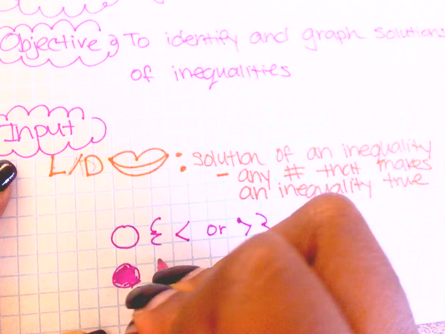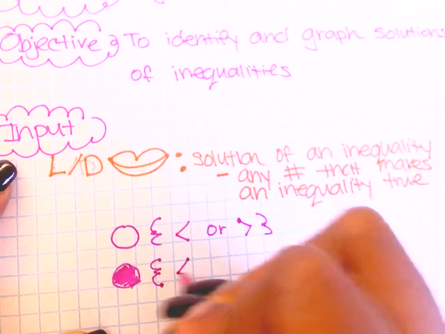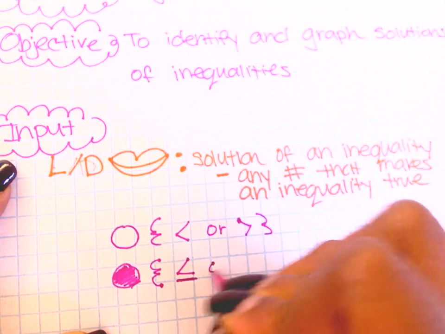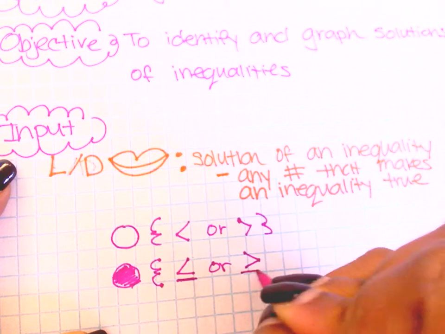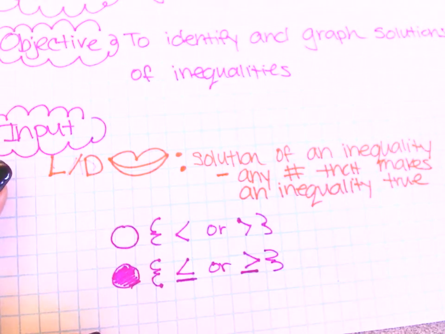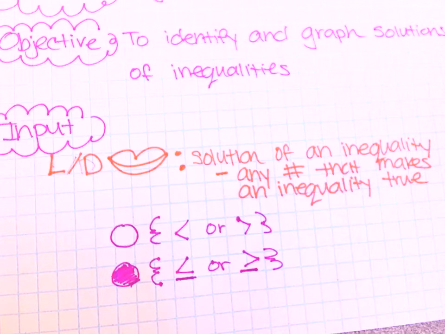A closed circle is going to mean that it is less than or equal to, or greater than or equal to. So closed circle means it includes that number. If I said x is greater than 3, it's all the numbers that are greater than 3. If I said x is greater than or equal to 3, it's 3 plus all the numbers that are greater than 3. So it includes that number.